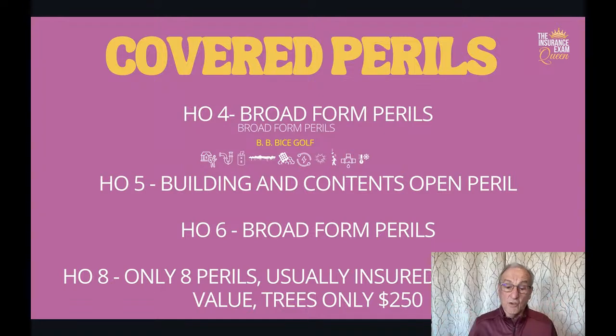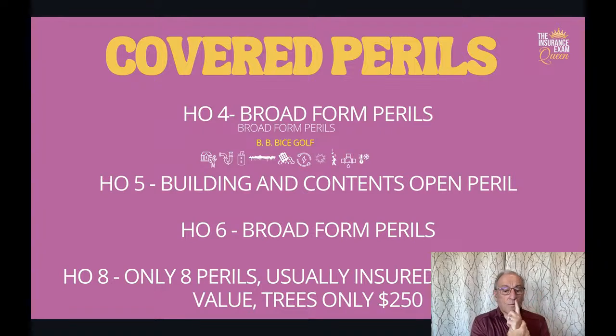I own an HO5. That means if my stuff, my contents, my TV set, computers, if they get lost, damaged, or stolen, it's all covered. All perils on my stuff, okay, not just BB Bice Golf. Let's move on.